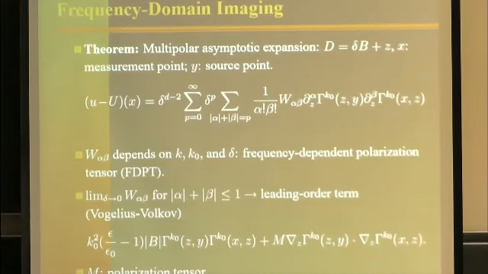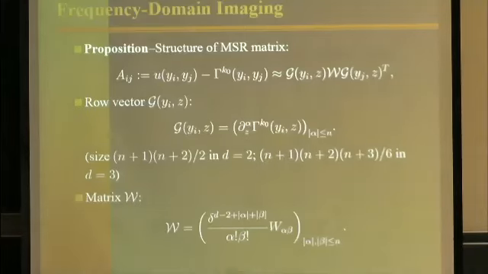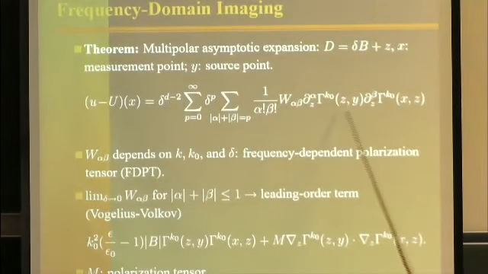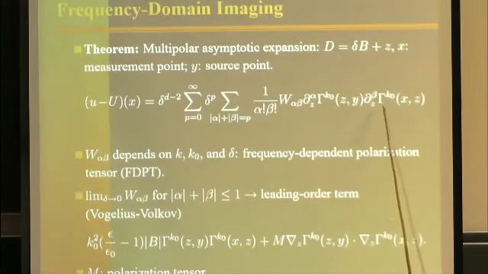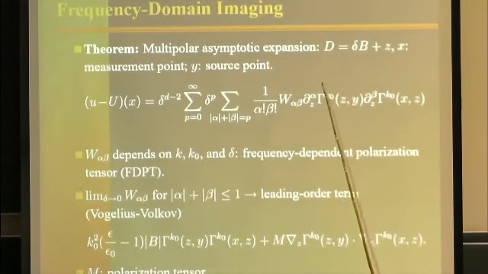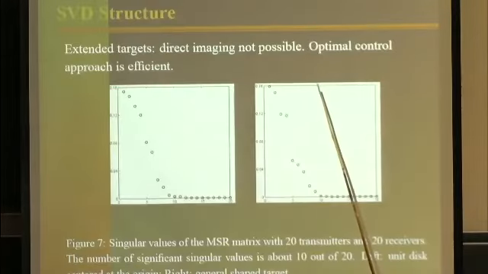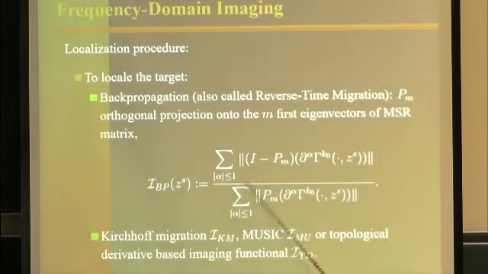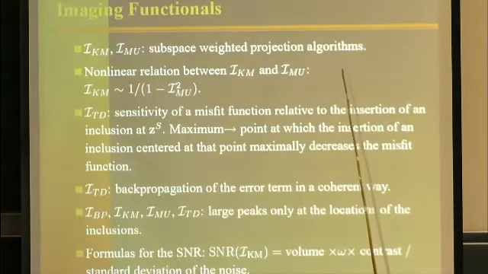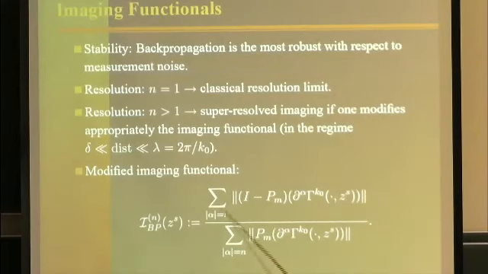Now, what can you do to have super-resolved imaging? You have all of this in the data. You have many of these derivatives. If you project the 0 derivative plus the 1 derivative, you will never get high resolution. To get high resolution, you have to project higher order derivatives of the Green function. But then it's kind of unstable.